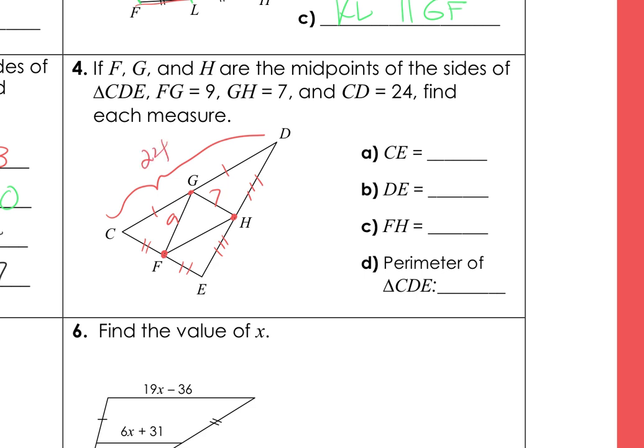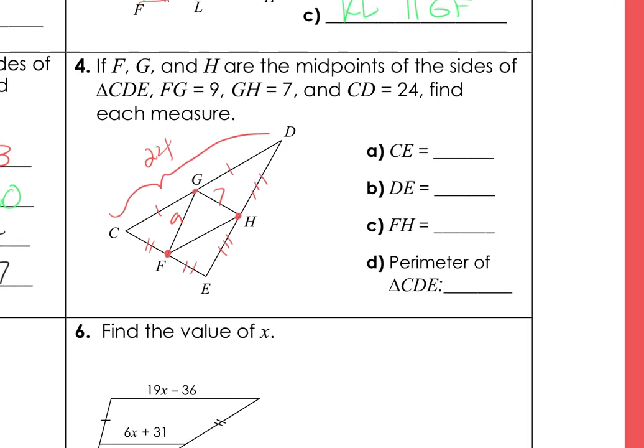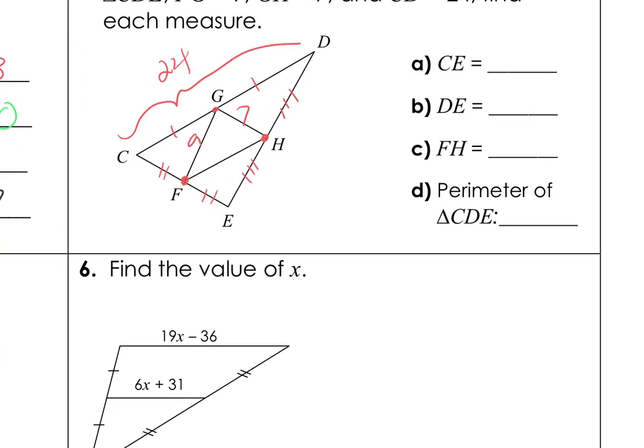Find each measure. So starting with CE. Again, I'm going to highlight it out. So CE is going to be parallel to GH. That's the midsegment. So one way you could do it is you could just do 7 and 7. It's basically going to be double the side of the triangle.